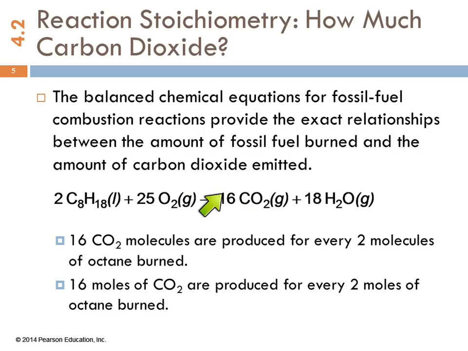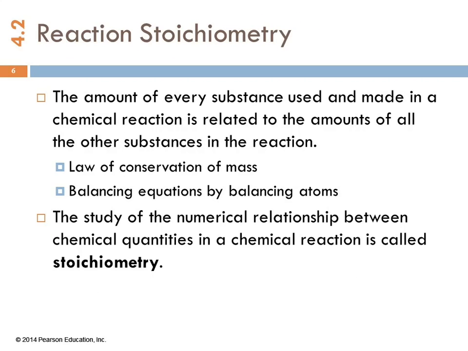We see that we get 16 CO2 molecules created for every 2 of these molecules that are burned, or 16 moles for every 2 moles of this. So in this chemical reaction, the amounts of each substance used, the reactants, and the amounts of the substances made, which are the products, are all related to each other.